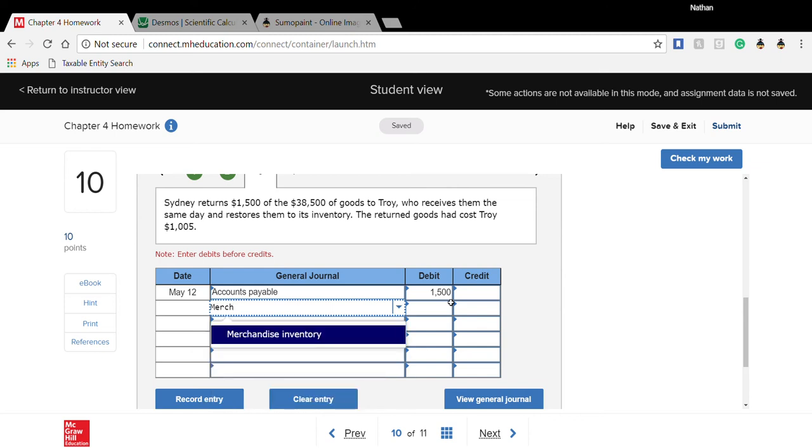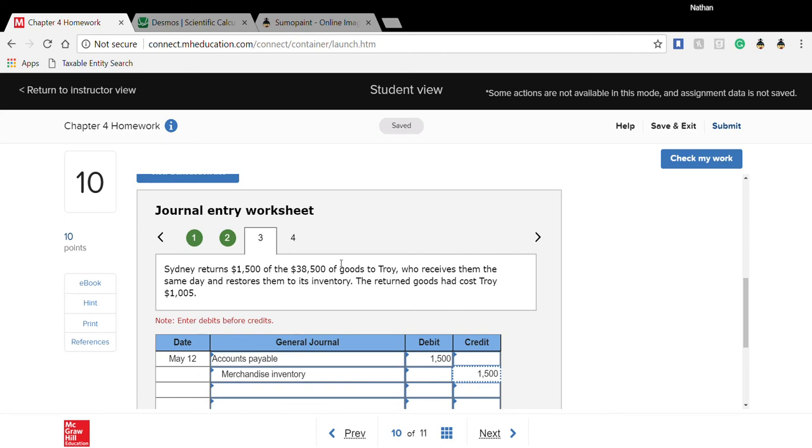We don't own that inventory anymore. That's going to be a credit because it's an asset. Assets are going down, and the only way to go down is by a credit. That's how we return on the buyer side. Once we go to Troy's side, you're going to see a whole different aspect going on. In fact, he's probably going to have more numbers than the buyer.